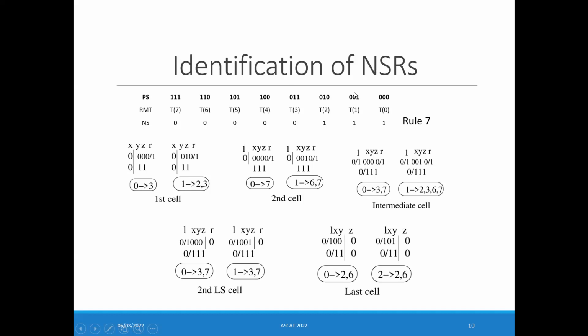For 0, 0, 0, the next state is 1, and for 0, 0, 1, the next state is also 1. So the NSR of 0 will be 3. Similarly, we can identify the NSR for the second cell, intermediate cell, second last cell, and last cell also.